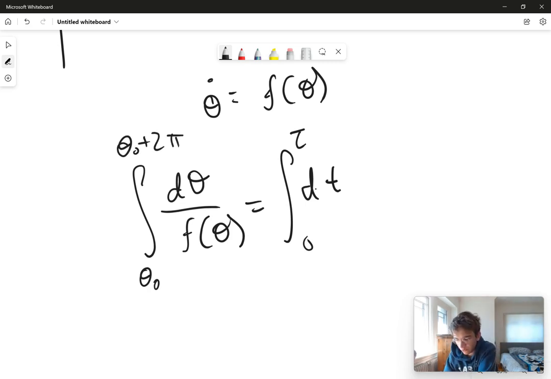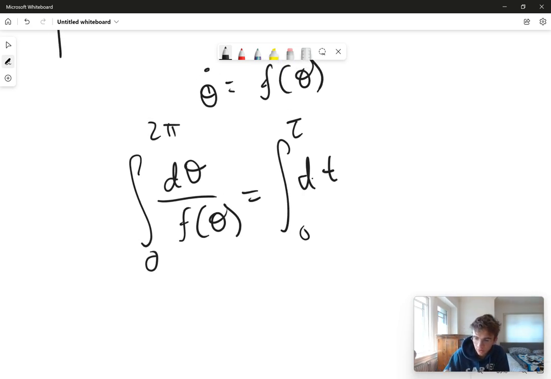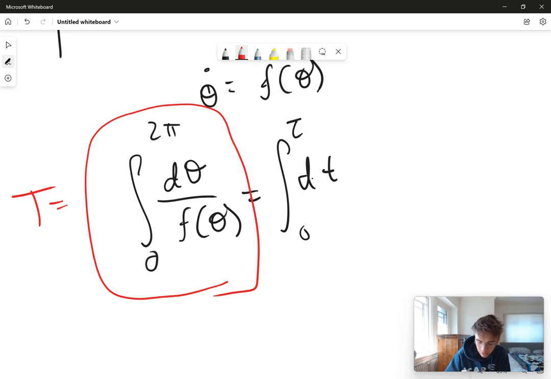And then if we wanted to just write this in simple terms, I could really just write this as the integral from 0 to 2 pi, because it's going to be identical if I shift the angle by any amount. Okay, so this integral here is precisely the period. All right, and this is really useful because modern computational apparatuses can calculate this integral for us very quickly and efficiently.